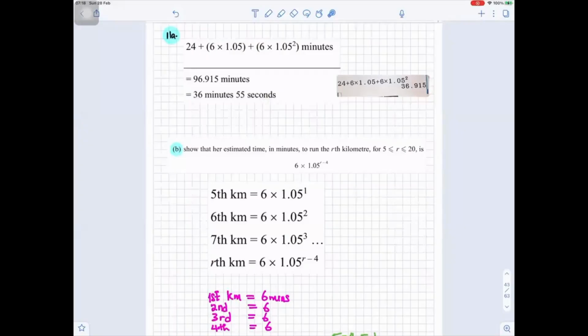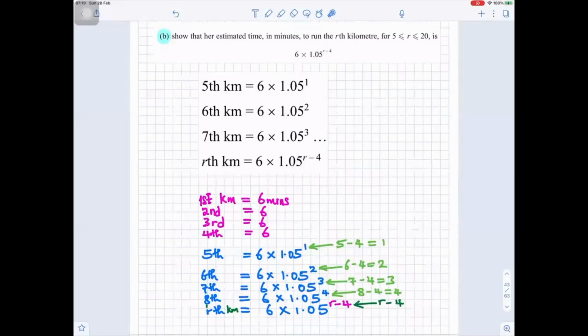Part B, show that her estimated time in minutes to run her r-th kilometer, for 5 less than r less than 20, is 6 times 1.05 to the r minus 4. So the 5th kilometer is 6 times 1.05 to the power 1, the 6th kilometer is that, and then the r-th kilometer is that.